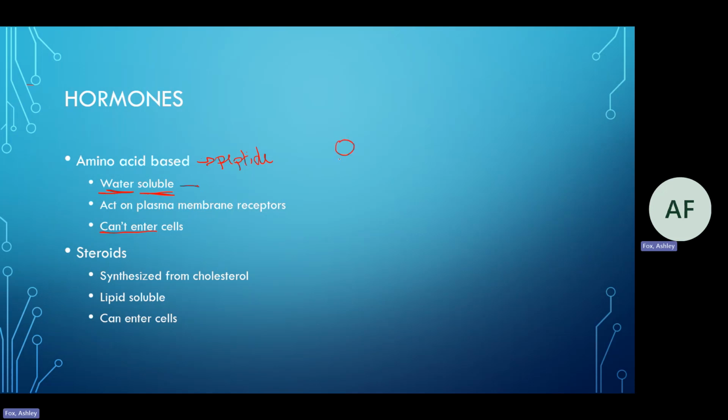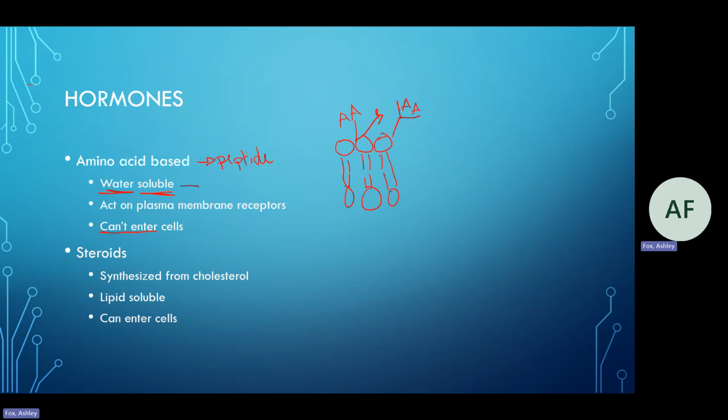Remember again from A&P 1, we have the phospholipid bilayer. Most things that are water soluble have to have some sort of channel or some way to go past it. So since these polypeptide or peptide amino acid based hormones can't go through the plasma membrane, they have to have receptors on the outside of the cell so they can have their effect.